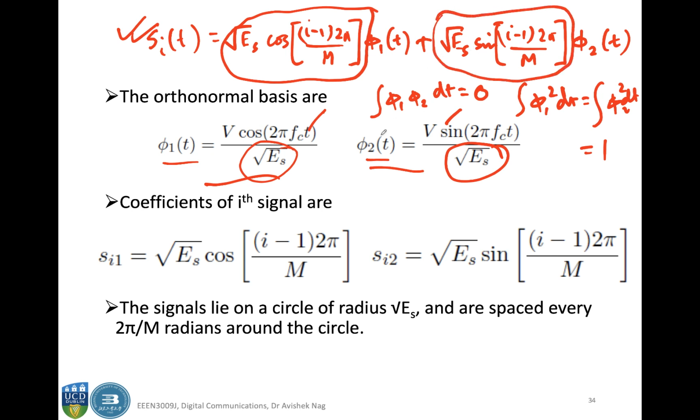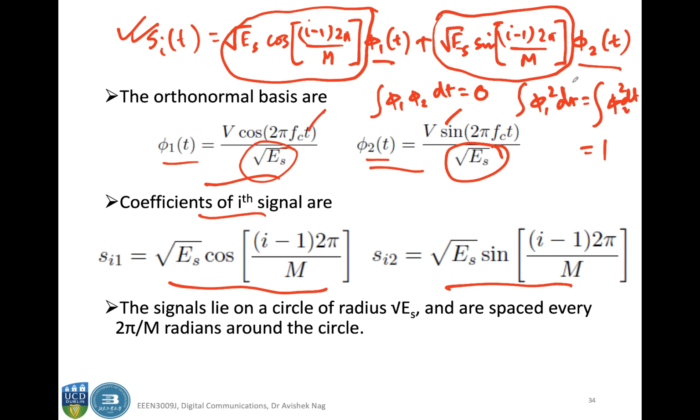If you now plot this, you can see that M-ary PSK can also be represented by just two orthonormal basis functions, like your QPSK.